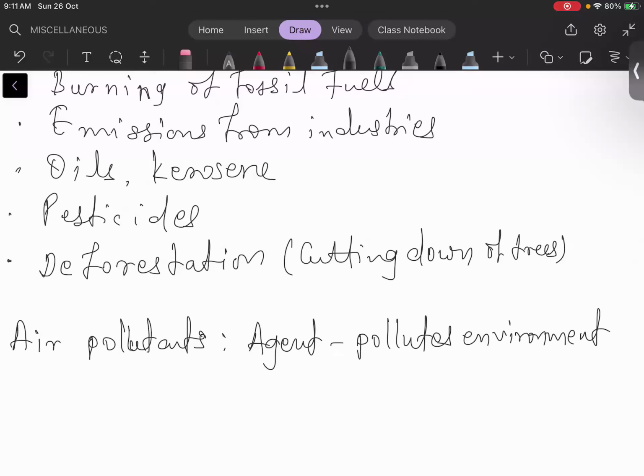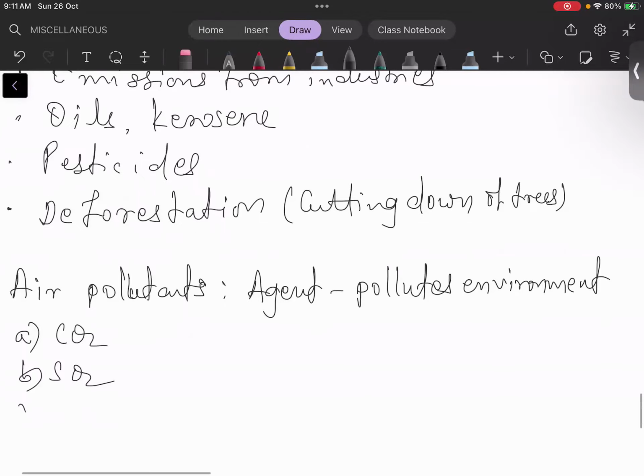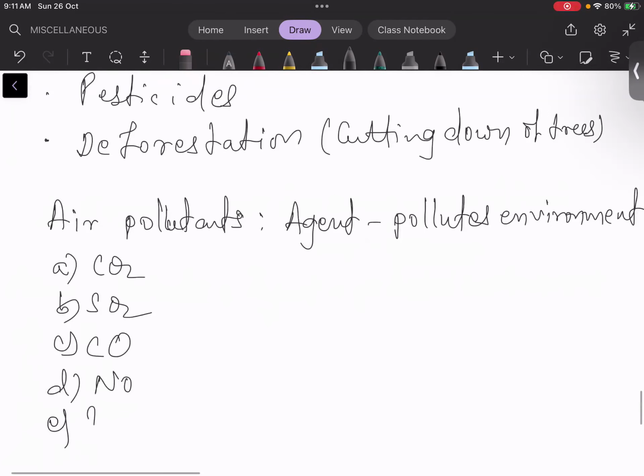Major air pollutants include what? CO2. Second, SO2. Third, CO. Then fourth one is NO. Then last one is smog, etc.